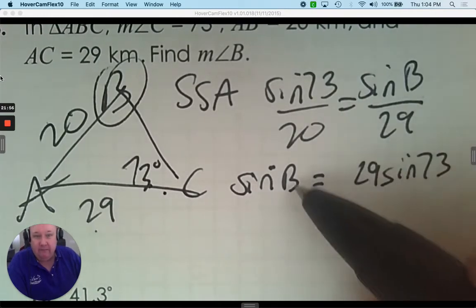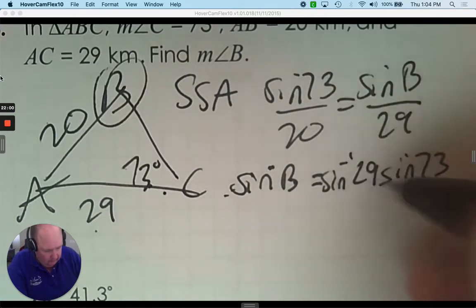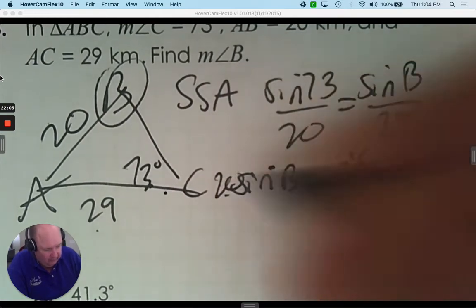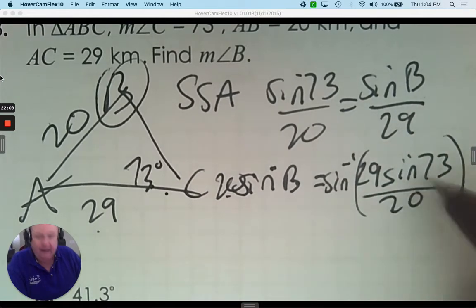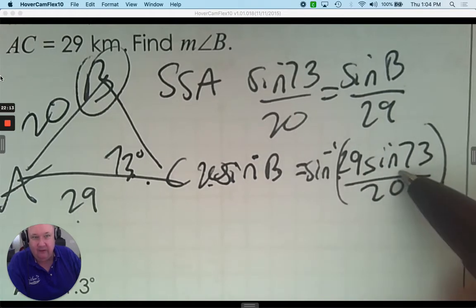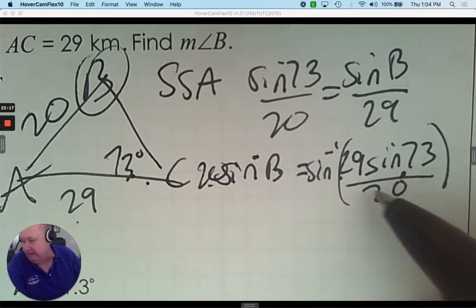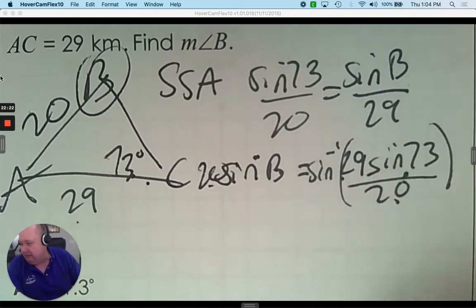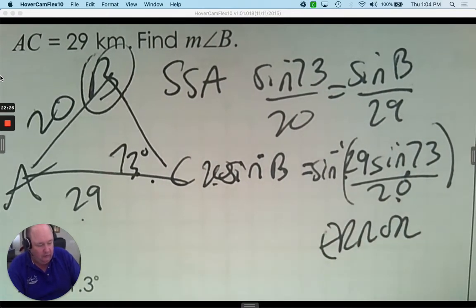And then to get B by itself, you do the inverse sine to both sides. Oh, I forgot a 20, didn't I? So you still have to divide by 20. And then it's the inverse sine. So if you get the angle by itself, you get 29 times sine 73 over 20, and it's the inverse sine of that. That's what you put in the calculator. You'll get an error message. So there's no triangle possible with that.